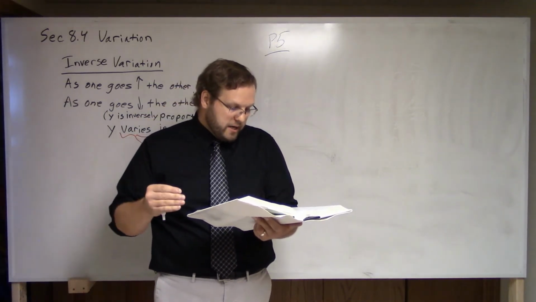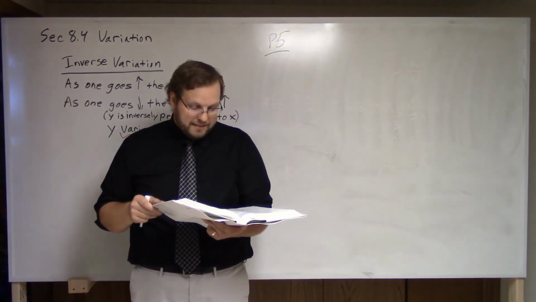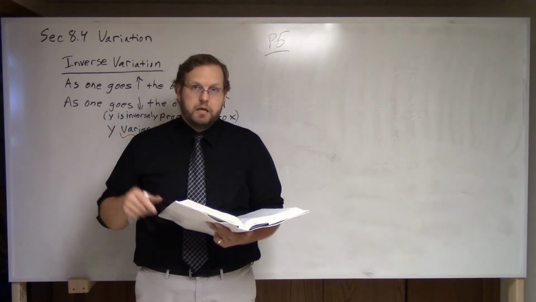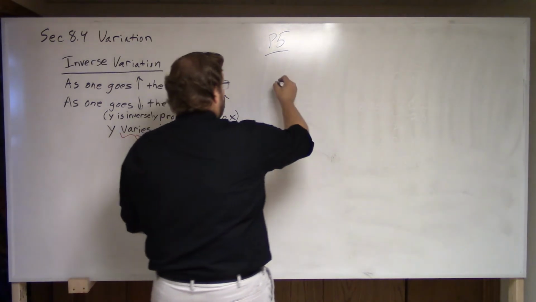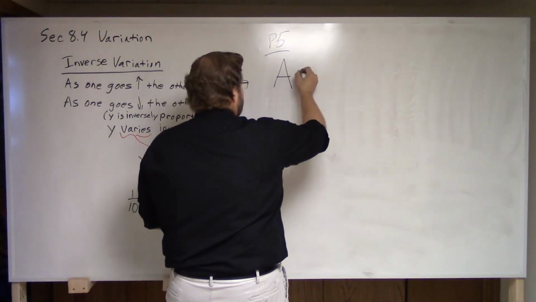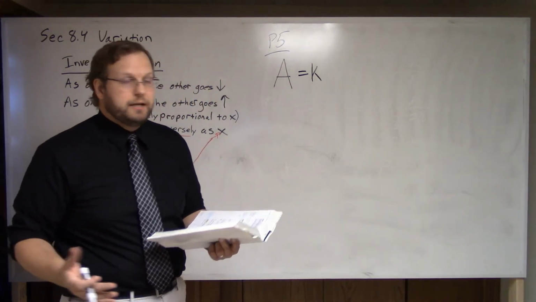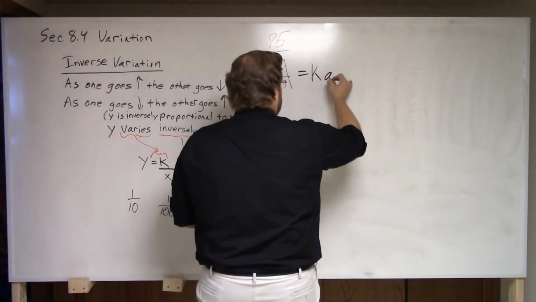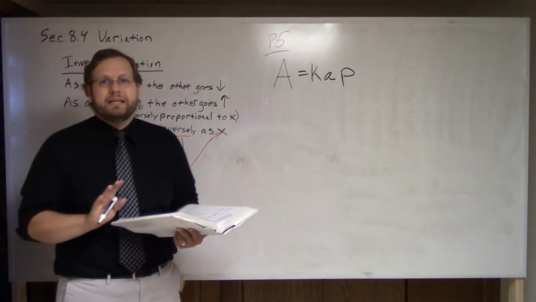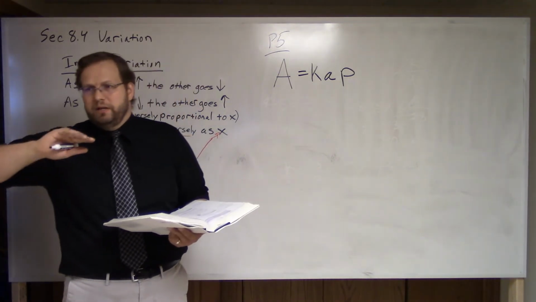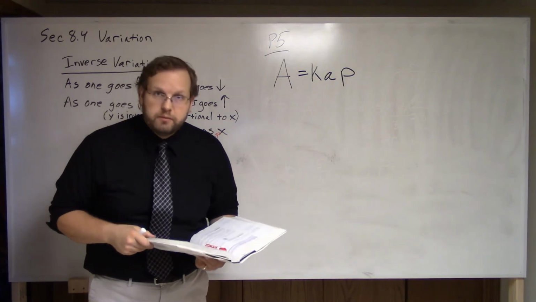Area varies jointly as apothem and perimeter. So area, I'm going to use a big A for area, varies jointly. Again, jointly just means you're multiplying. I'm multiplying by that apothem A and perimeter P. That's it. Notice they didn't give you any values, they just said write that relationship. Nothing more to it than that.